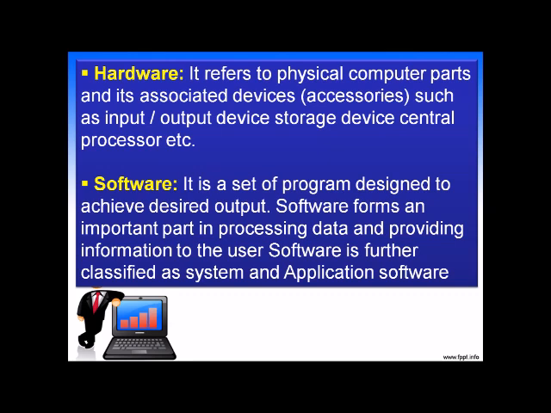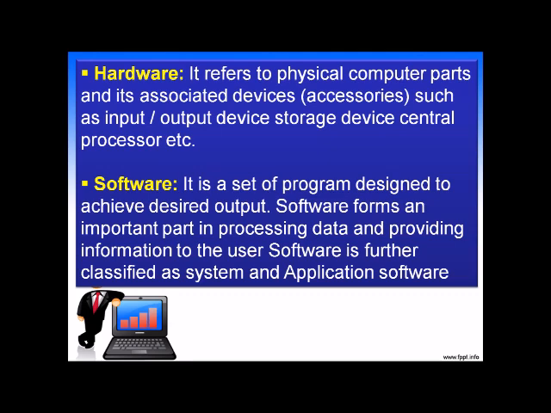Here we have input, output and storage devices like a keyboard, mouse, printer, scanner, projector, etc. The next one is software. It is a set of programs designed to achieve a desired output. Software forms an important part in processing data and providing information to the user.